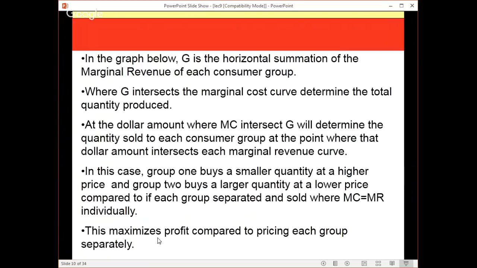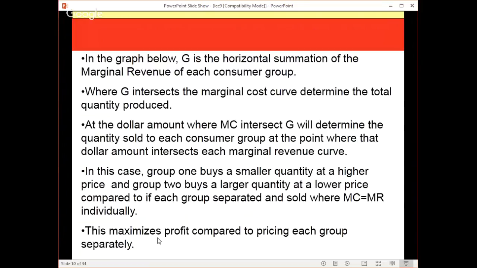In this case, group 1 buys a smaller quantity at a higher price, and group 2 buys a larger quantity at a lower price, compared to if we charged a price where the marginal revenue equals marginal cost for each group.